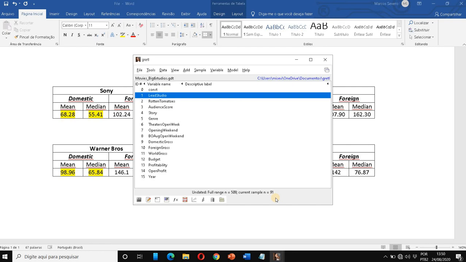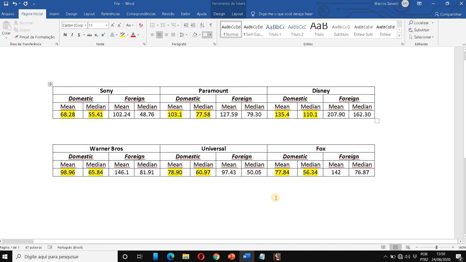So this number may be different depending on the studio you are working with. But in nominal values, Disney generated the highest mean value. And because it's an asymmetric distribution, if we analyze the median values, Disney is also in the lead. Okay, this when we refer to the domestic market.